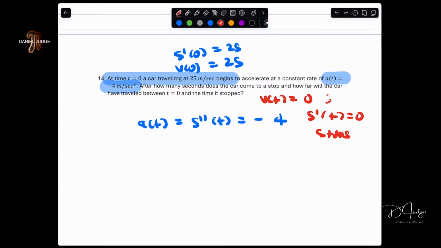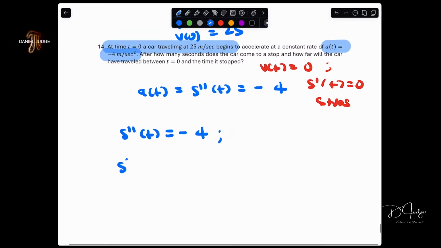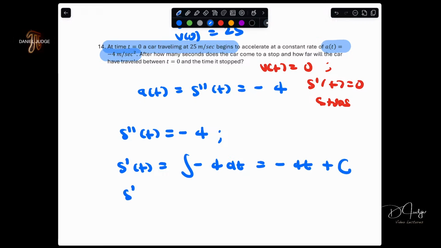So we've got a differential equation. You might say acceleration is constant, -4 here. Let's get the velocity function. It's the integral of -4 dt, which is -4t plus c. So here's the velocity function. What is c?